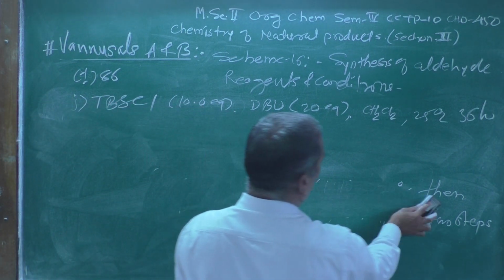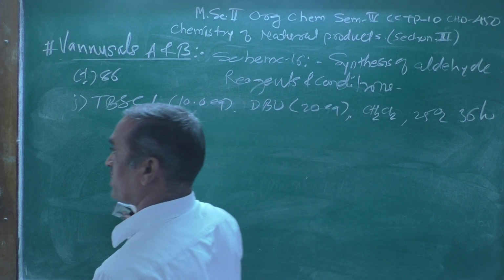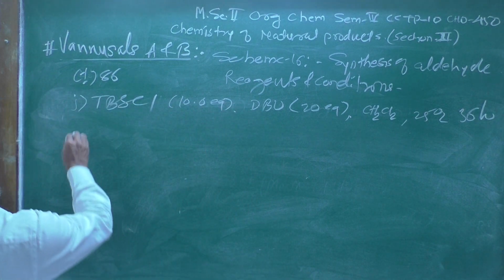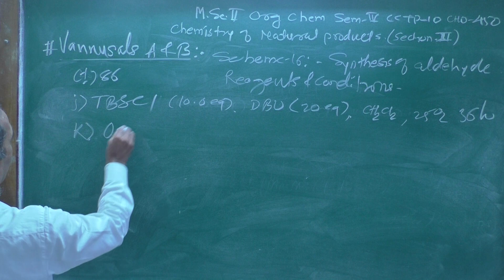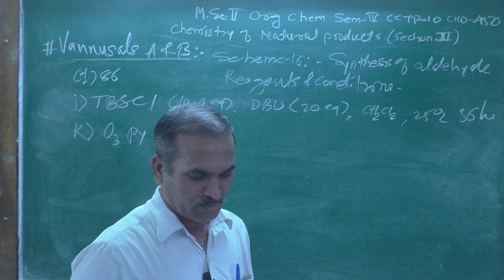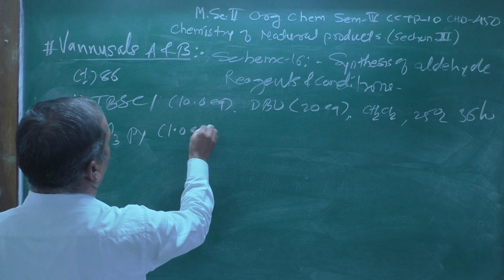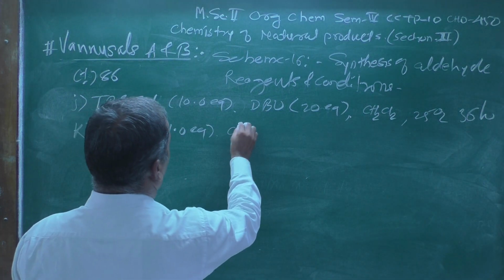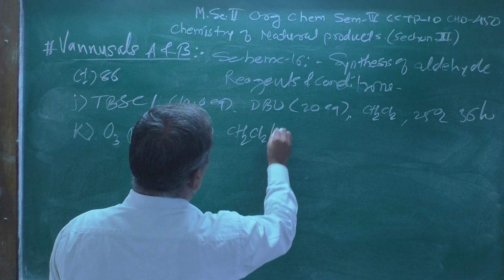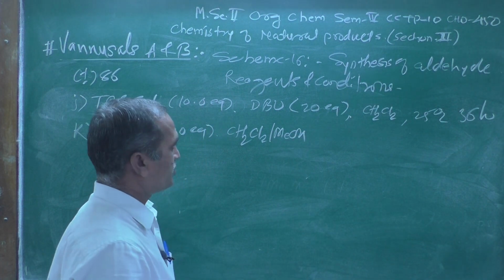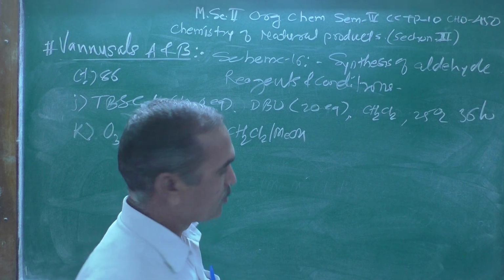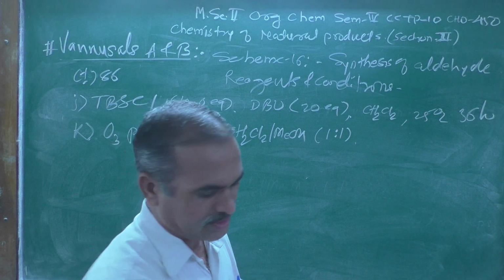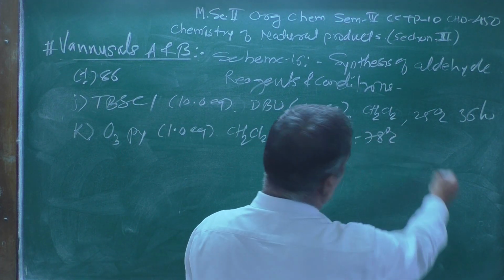And after this, the next reagent used during the synthesis of aldehyde (±)-86 was K, and K is, as usual, O3 in pyridine, taken at 1.0 equivalent once again, and the mixture of solvents employed was DCM and methanol in 1:1 proportion, with the temperature kept around minus 78 degrees centigrade.